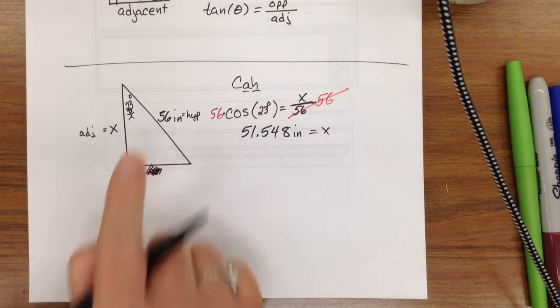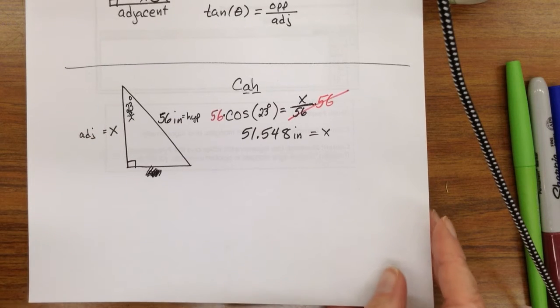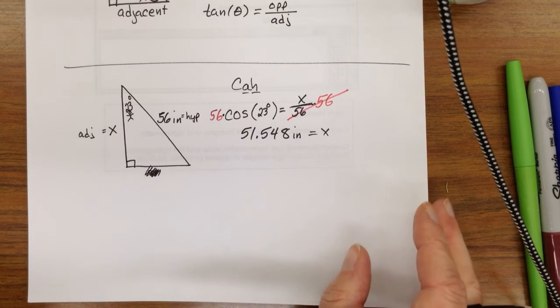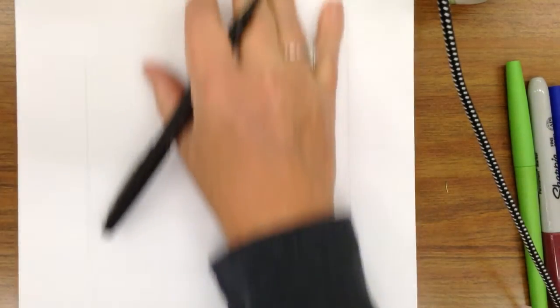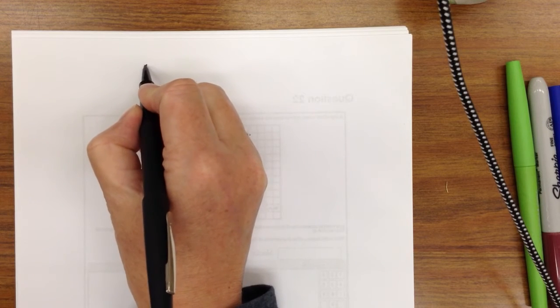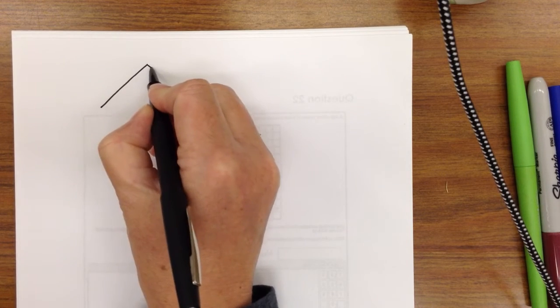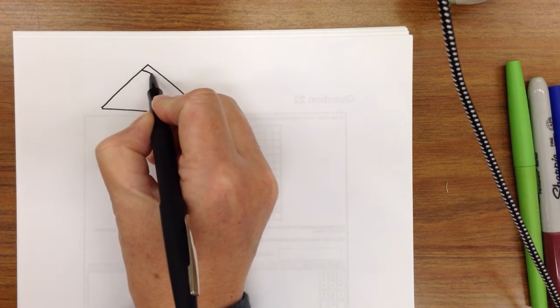Not only can I use trigonometry to find a missing side, but I can use inverse trig to find a missing angle. Come along. Here's another triangle. Look how terrifying that is.